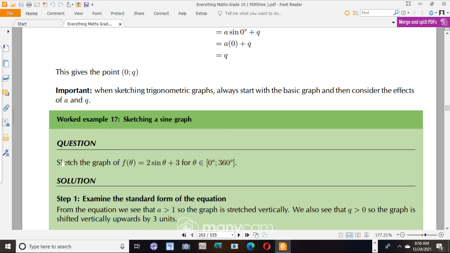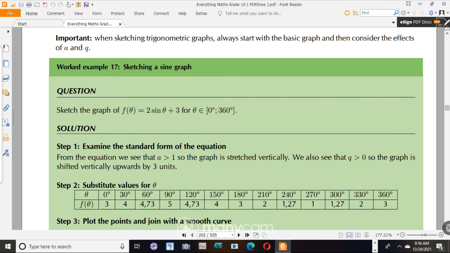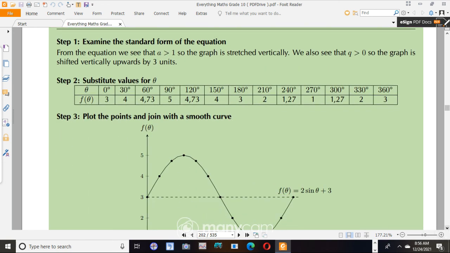Okay, question: sketch the graph of f of theta equals 2 sin theta plus 3 for 0 degrees less than or equal to theta less than or equal to 360 degrees. You can do this one by substituting values, and you'll get values to draw. The maximum value at 90 degrees is 5. The minimum value is at 270 degrees.